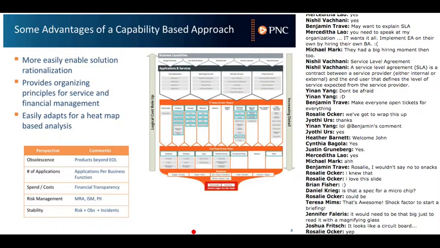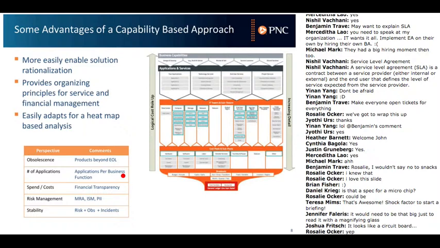One of the advantages that you have in a capability approach is you can start collecting certain types of metrics, or indicators might be a better way of putting it. So you might say, I need to look at a particular capability or function that my enterprise or my business is doing, tell me what I'm at risk of because of obsolescence.